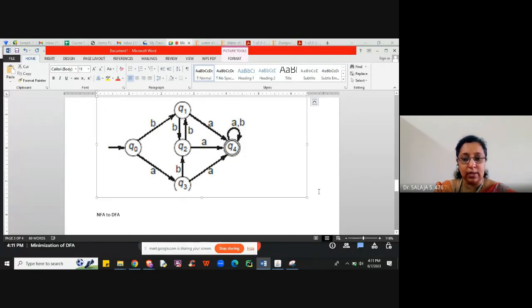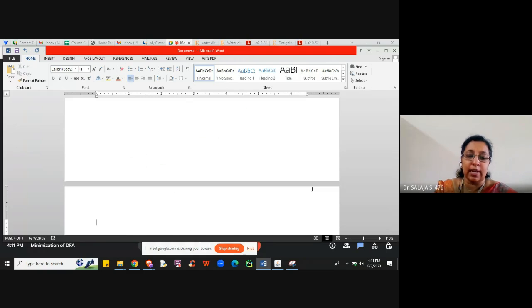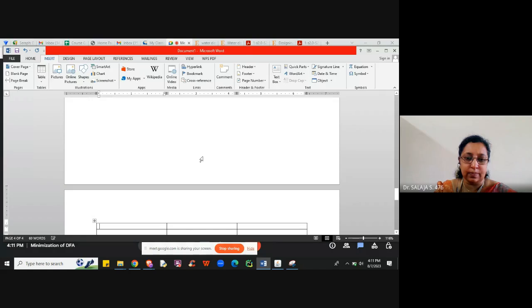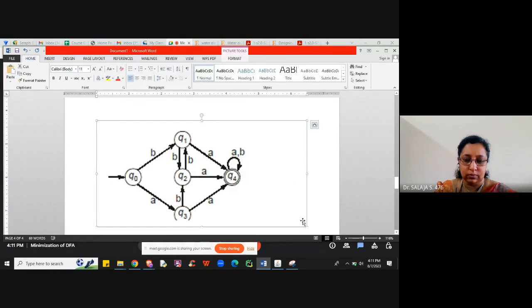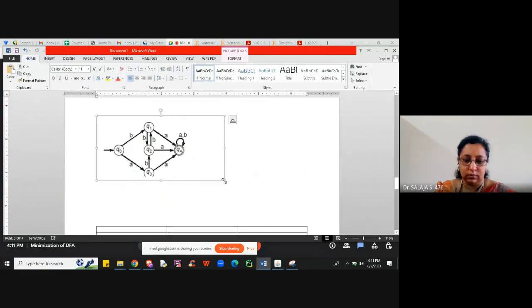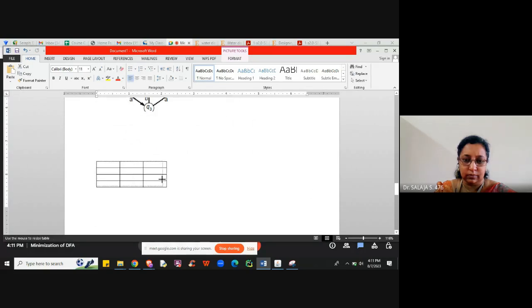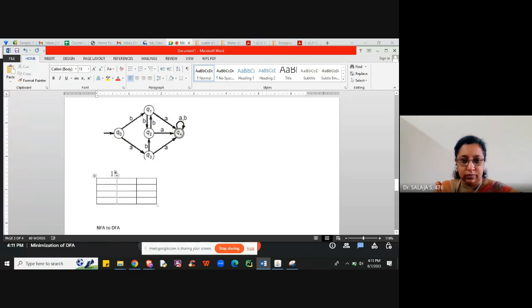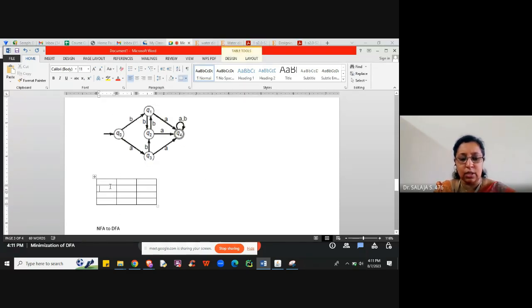So we'll convert them into a table format for an easy way of translation. You have states Q0, Q1, Q2, Q3, and Q4.